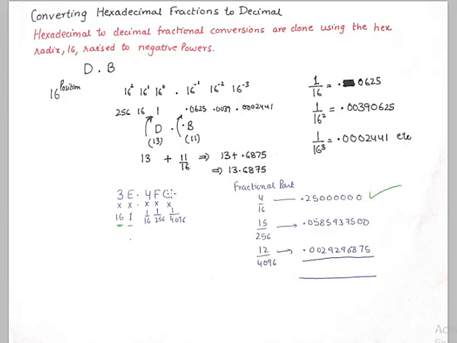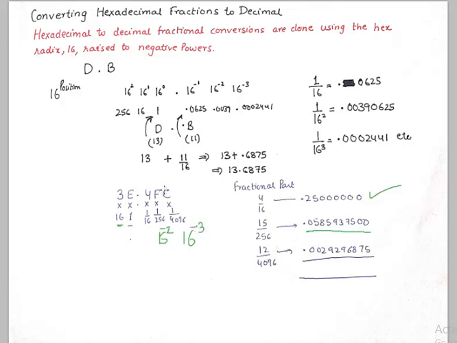0.250000, and F is 15, so 15 will be divided by 16 raised to the power minus 2, so it is 1 upon 256. So that gives me this, and C is 12, and it is multiplied by 16 raised to the power minus 3.